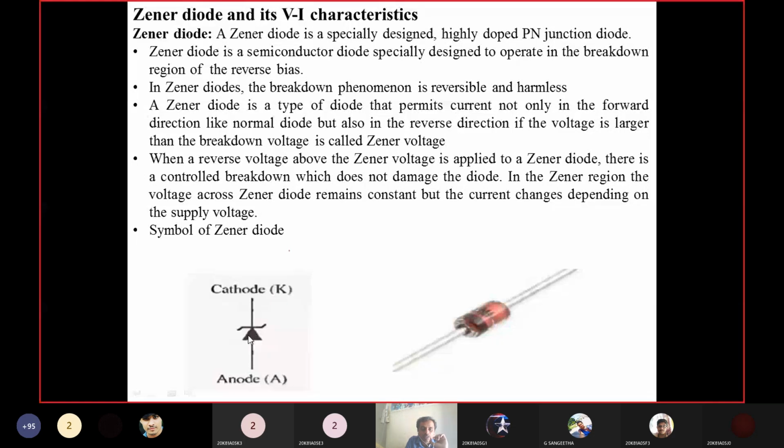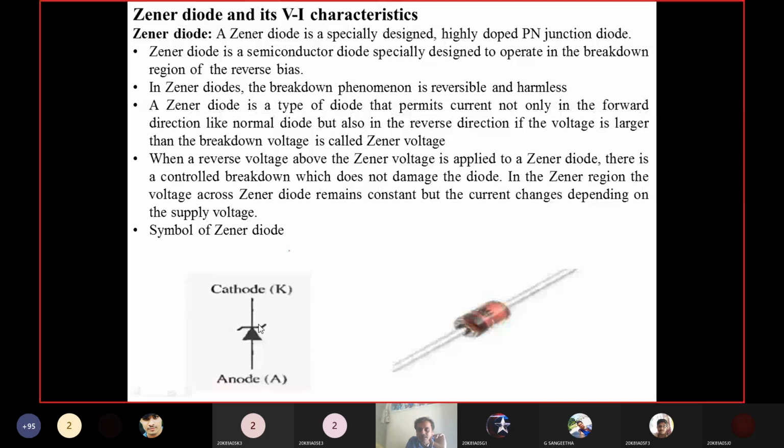The cathode is represented as a line, and the anode is represented as a triangle. So the difference between the symbol for a normal diode and a Zener diode is that at the cathode region the line is bent like the shape of Z. So this is the representation of a Zener diode.